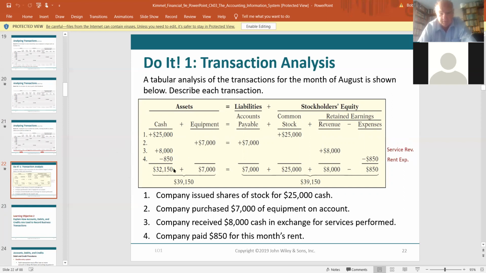They bought equipment. Number 3, they got cash from selling their product to somebody. They paid the rent. And what they're showing you is that the accounting equation remains in balance at all times. $39,000 equals 7,000 plus the 25 plus the 8 minus the 850. All the components of stockholders' equity.